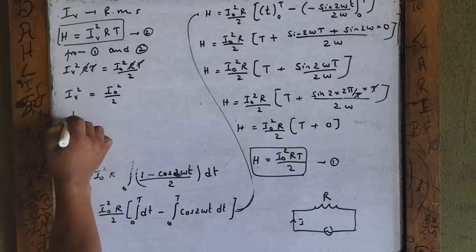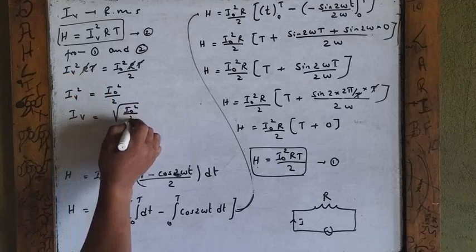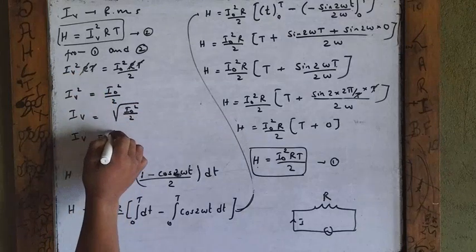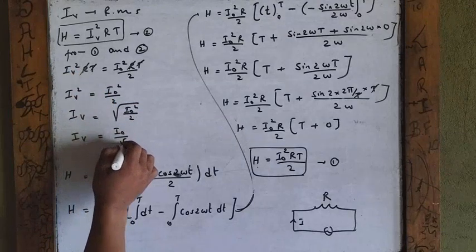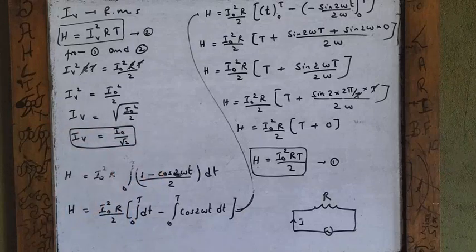And if you remove the square, then you'll get I_v is equal to I naught upon root 2. Okay, so this is the relation between the root mean square value and the peak value of the alternating current.